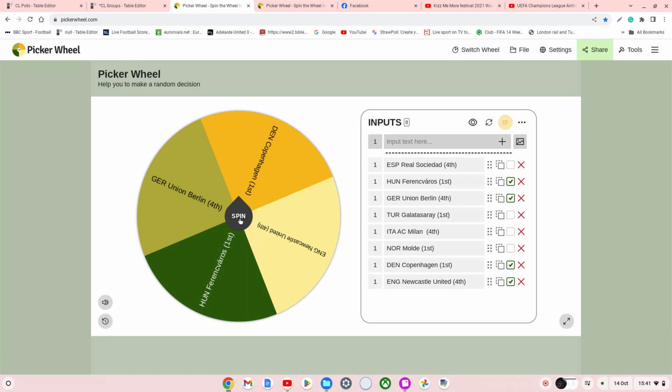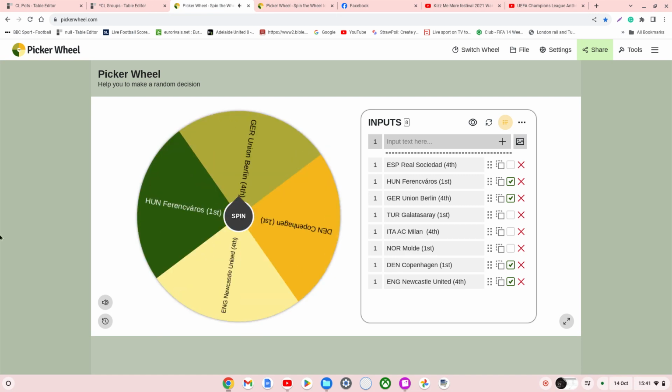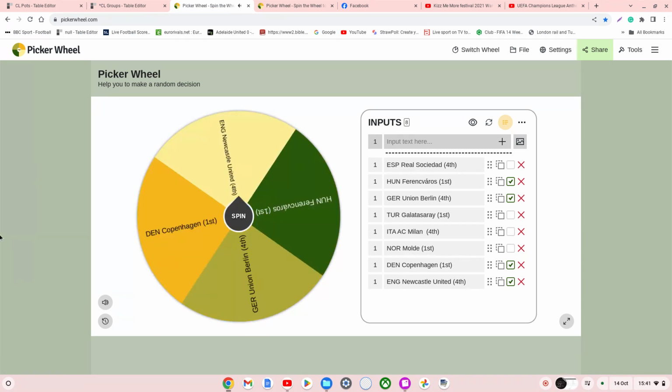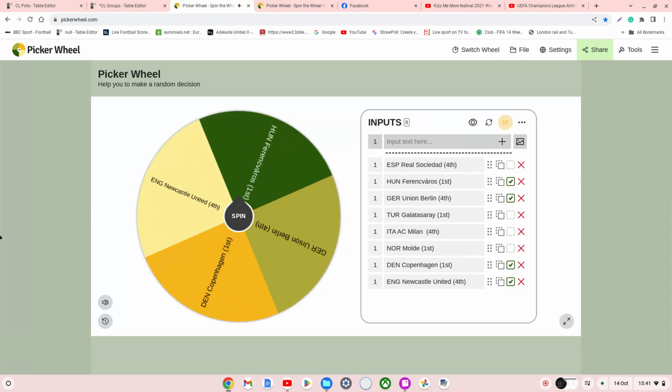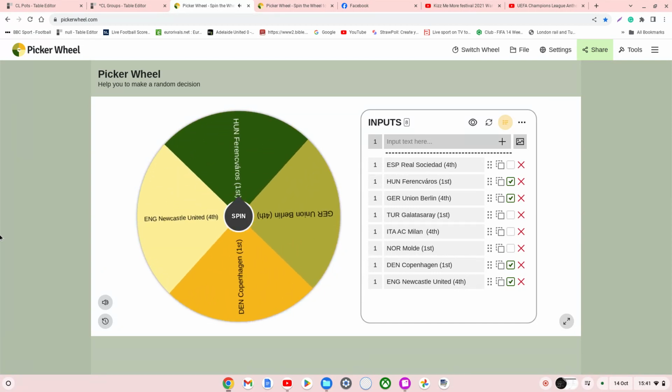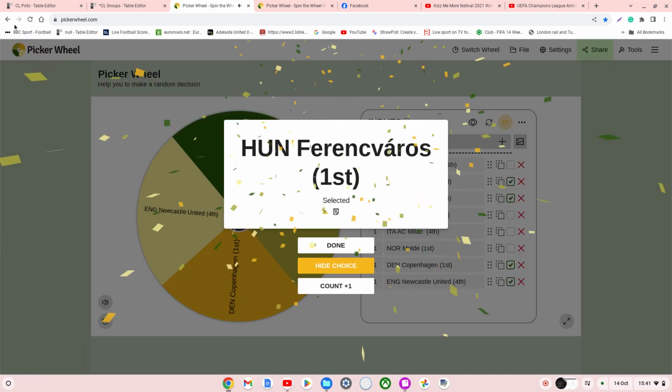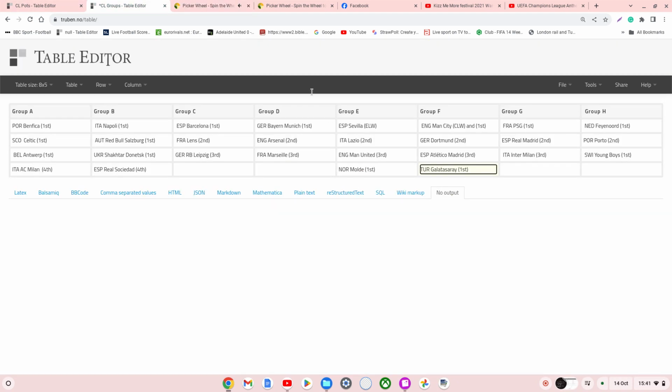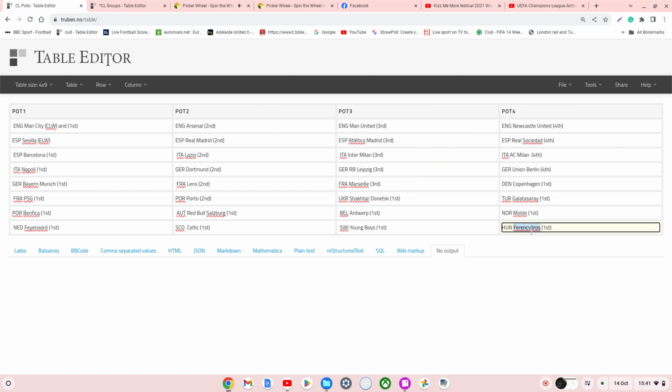Okay, last 4 teams. Who is going to be? And it's Fenerbahce from Hungary.